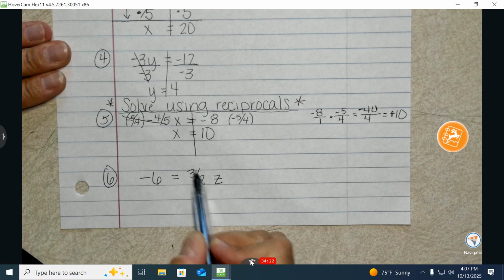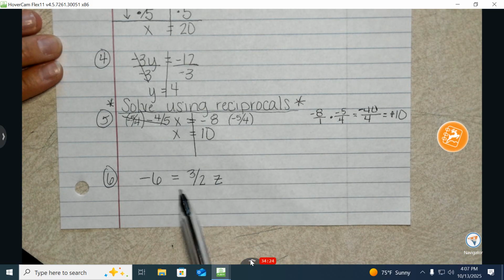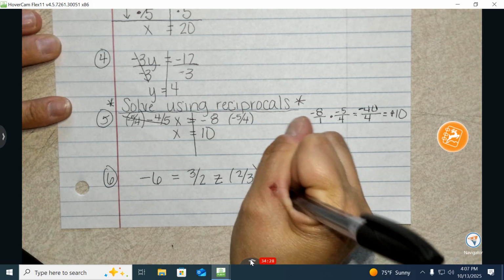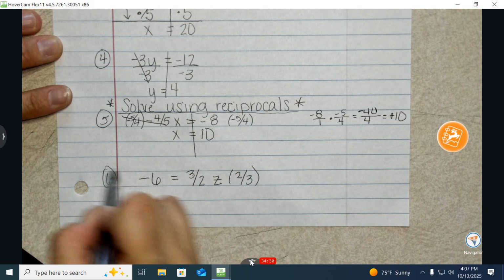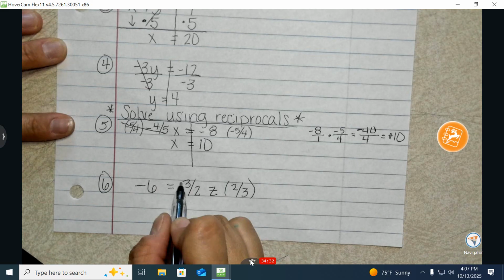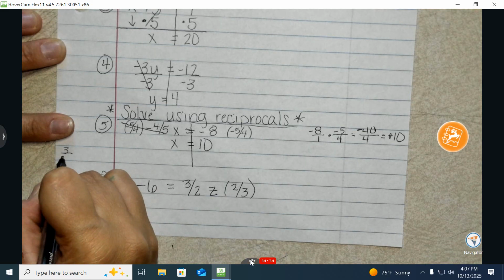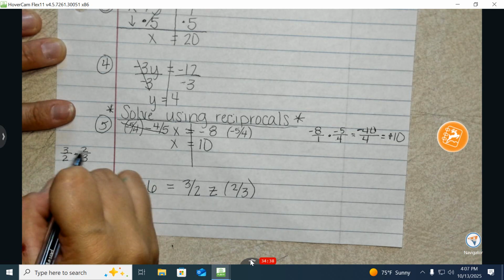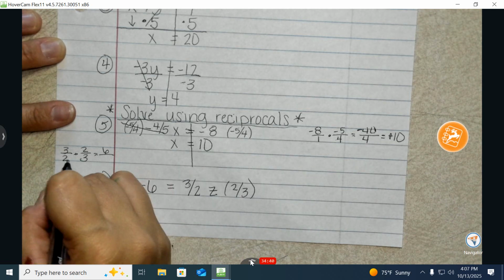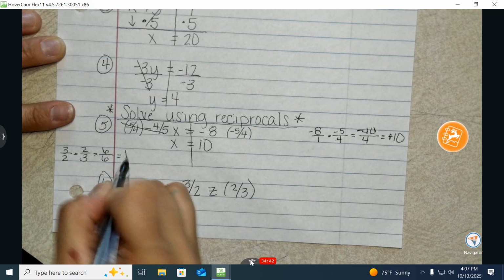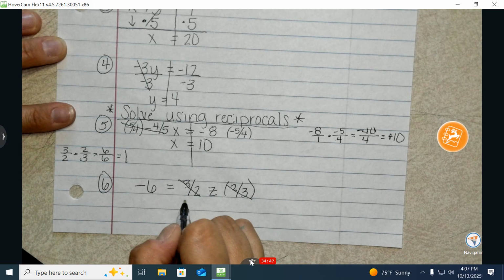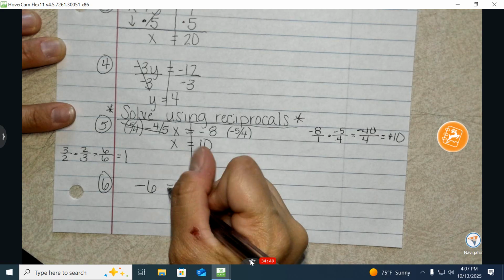So the reciprocal, or the flip, of 3 over 2 is 2 over 3. Let me show you why this works. I'm going to say 3 over 2 times 2 over 3. 3 times 2 is 6, 2 times 3 is 6, and 6 over 6 is 1. So that means it's just going to be 1z, or the understood 1.